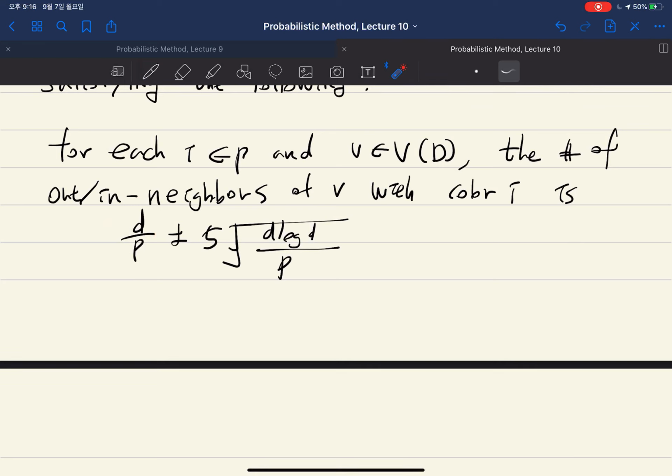See that this number is the expectation. If we color the vertices with P colors at random, then this is the expected number of out-neighbors of V with color I, or in-neighbors of V with color I, for any I and V. But this is the error term.